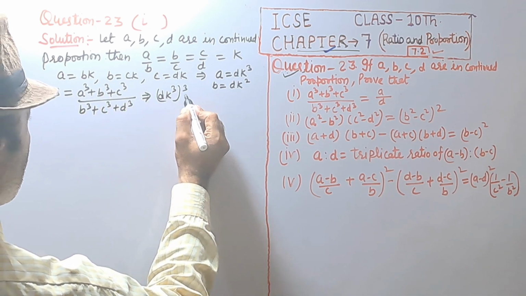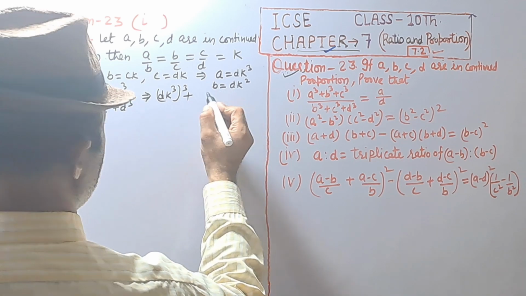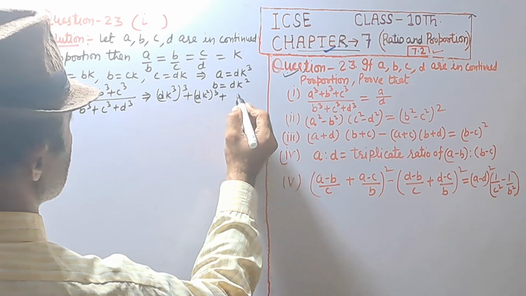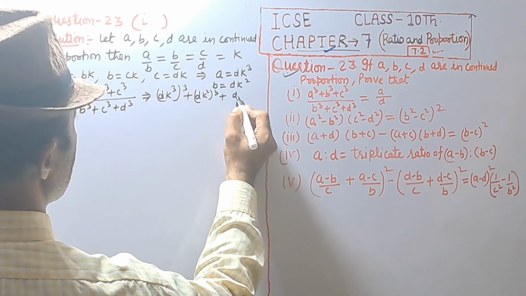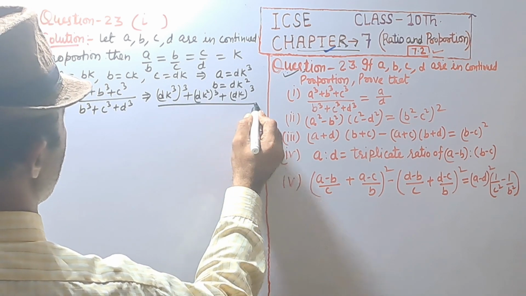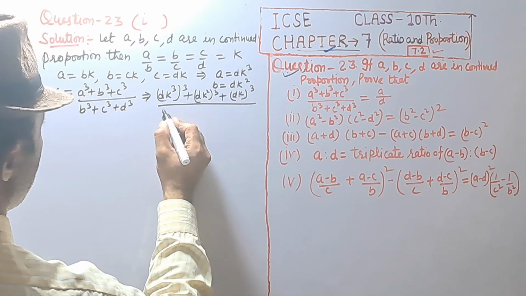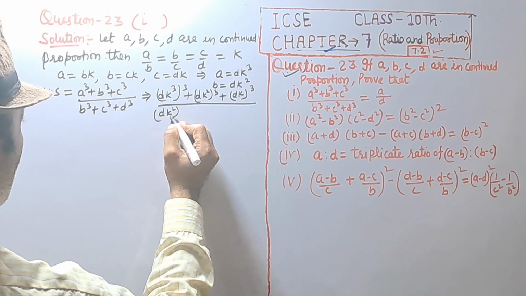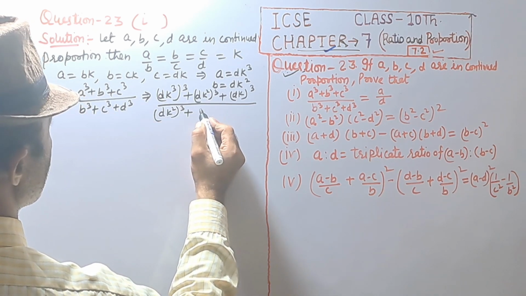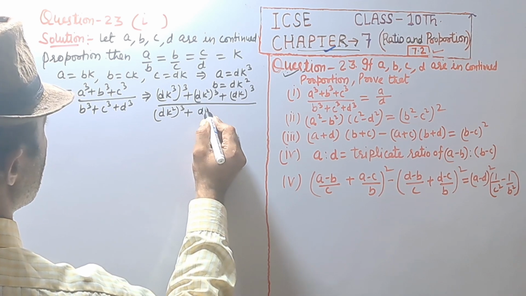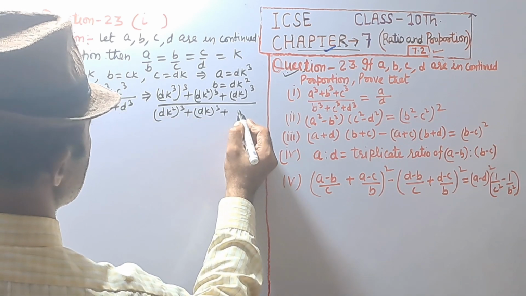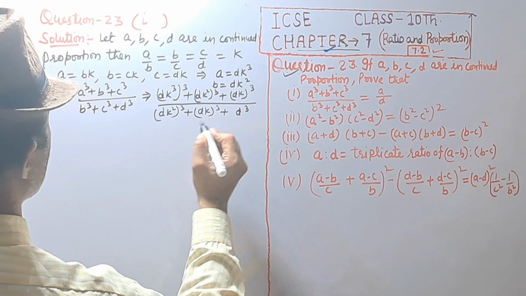Taking the left hand side, A is equal to DK raised to power 3, all raised to power 3, plus B is equal to DK square all raised to power 3, plus C is equal to DK all raised to power 3, divided by B cube, that is DK square all raised to power 3, plus C cube, that is DK raised to power 3, plus D raised to power 3.